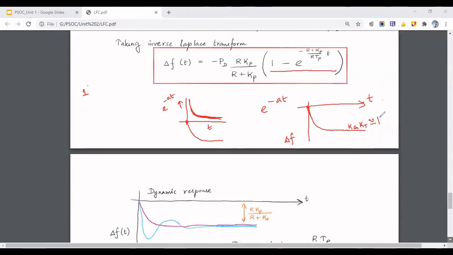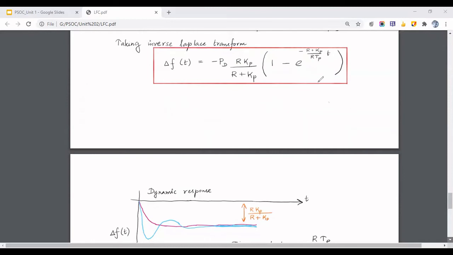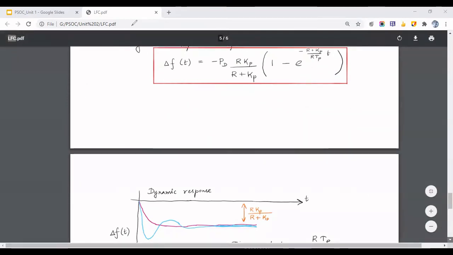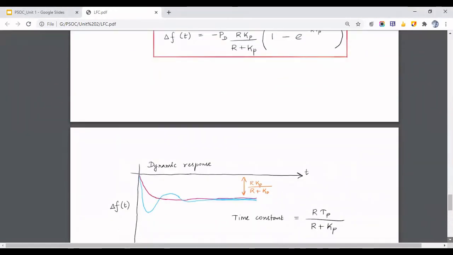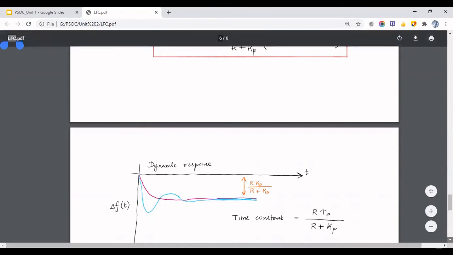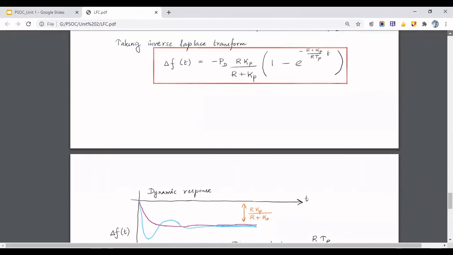But practically Kg Kt is not equal to 1, and we will have a value of Kg and Kt. So in that case, the curve is not going to smoothly decrease as an exponential function, but it's going to follow certain oscillations, and then it's going to arrive at a steady state. And this plot explains the dynamic response.